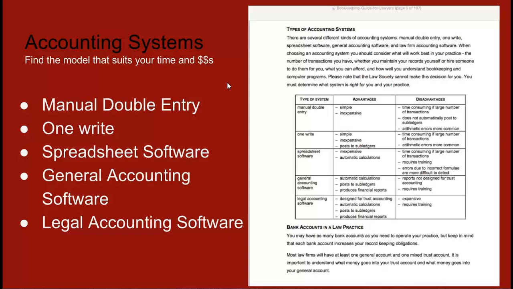If you look at the different types of accounting systems and the options that you have, right from the old school manual double entry system. So this is a very manual step. One of the simplistic ways that you could do this is by writing it on paper.